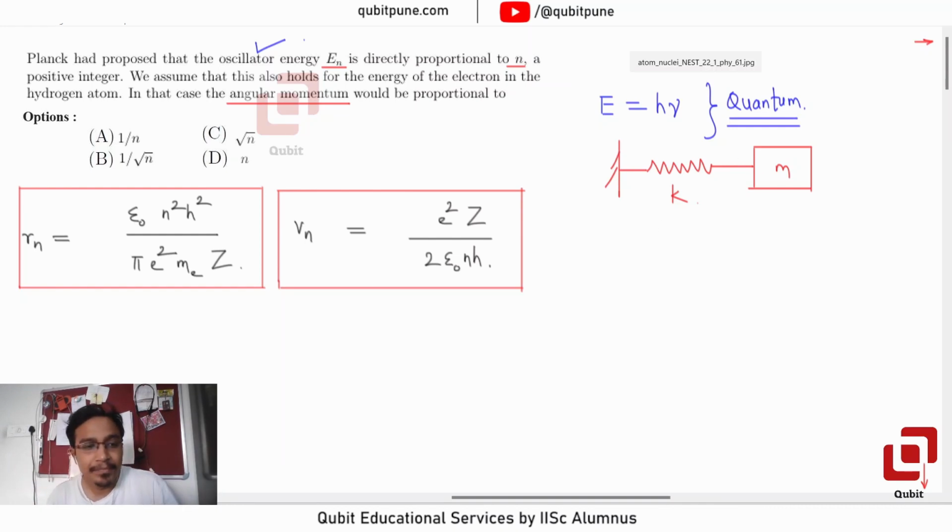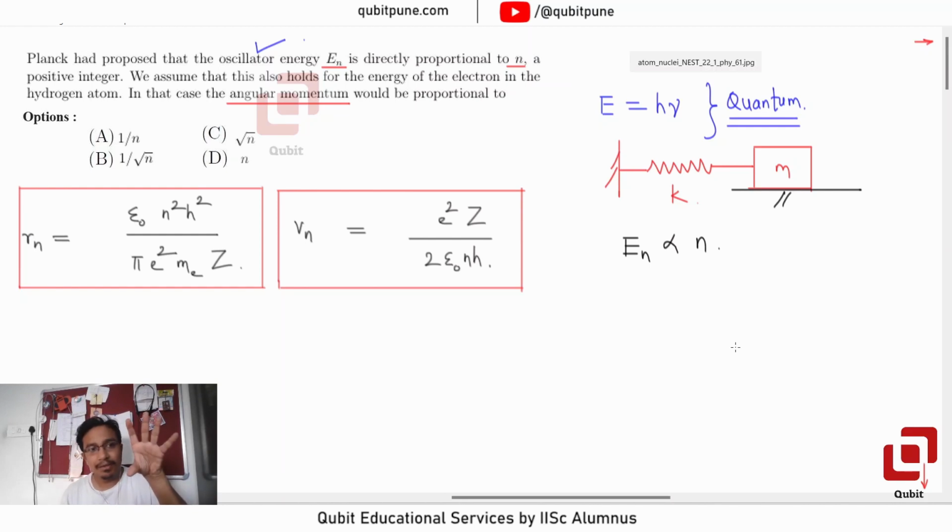Now this is a mechanical oscillator, and what Planck meant was the atom itself behaves as a tiny oscillator. Fine. So that En, the total energy of the electron oscillator, is directly proportional to n. Okay, that's what he said.